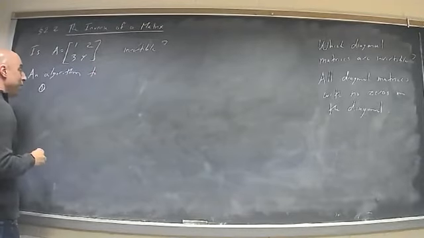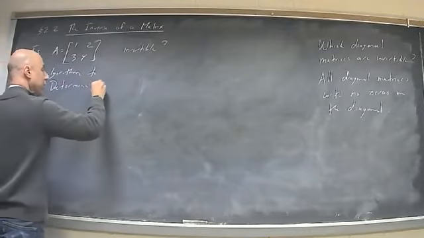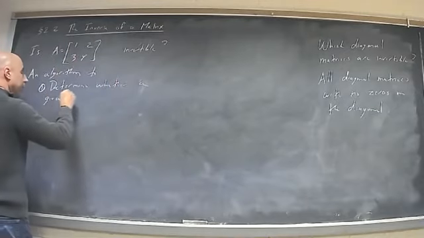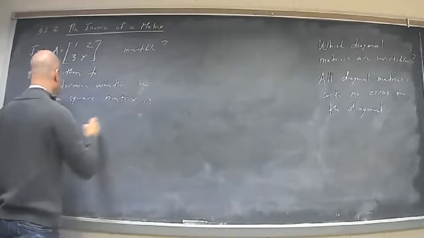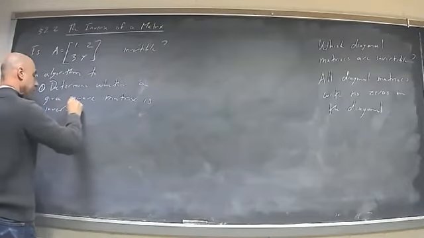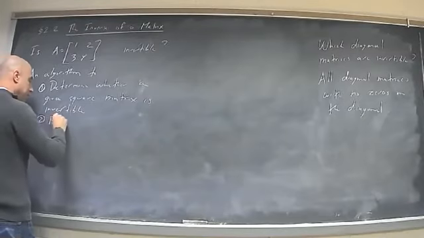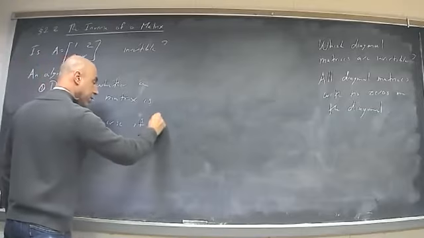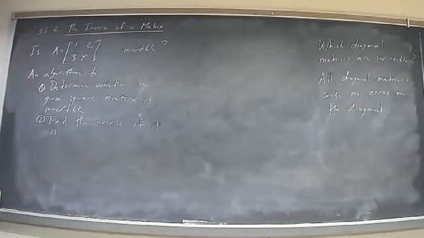Determine whether a given square matrix is invertible. And secondly, find the inverse if it is. And then we'll circle back around and talk about why this works.